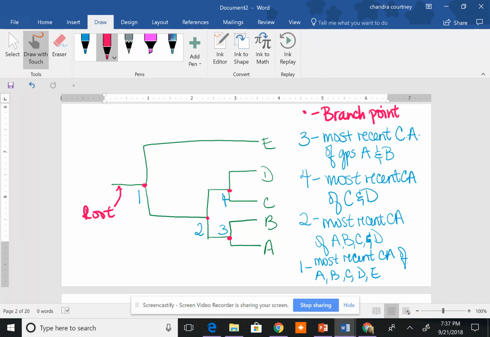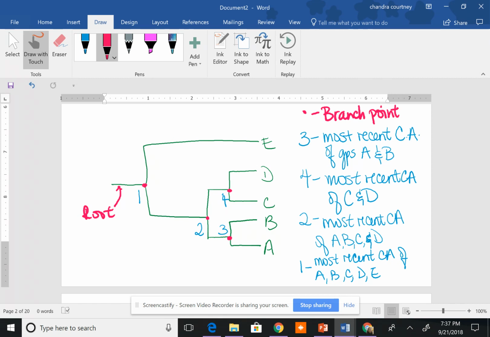Okay, so something to take into consideration when we're looking at phylogenetic trees and thinking about how related two things are to each other. The more related you are, the more recent your common ancestor. So two species are more related if they have a more recent common ancestor than with another species. On the flip side, two species are less related if they have a less recent common ancestor.